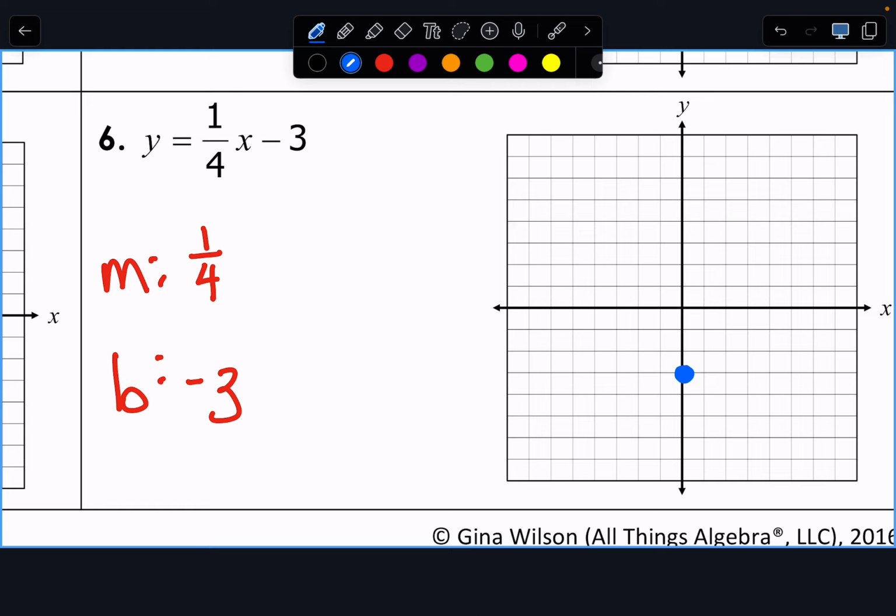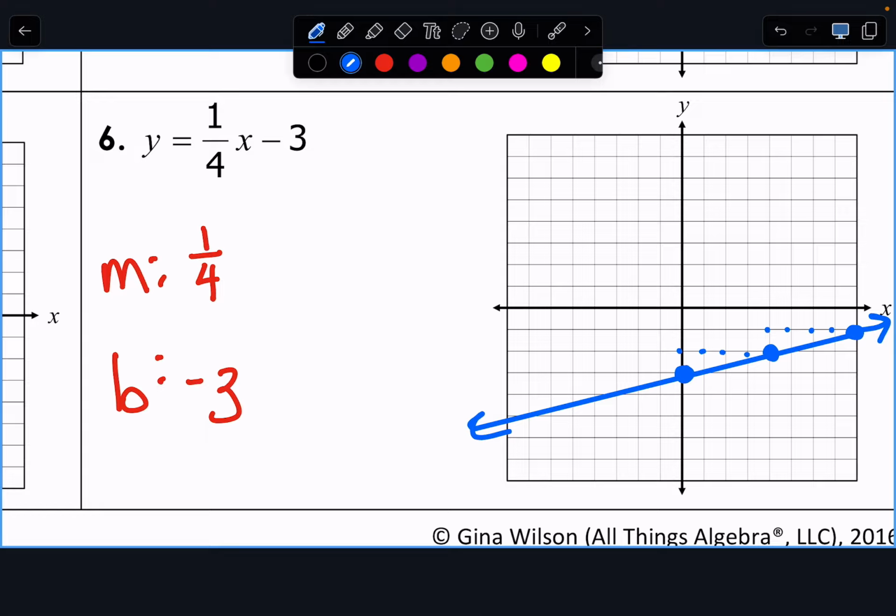Did you put a dot at -3 on the y-axis? Did you go up 1 over 4? Up 1 over 4 to make a beautiful line. Remember, I'm fine with 2 coordinates. Make sure you have 2.